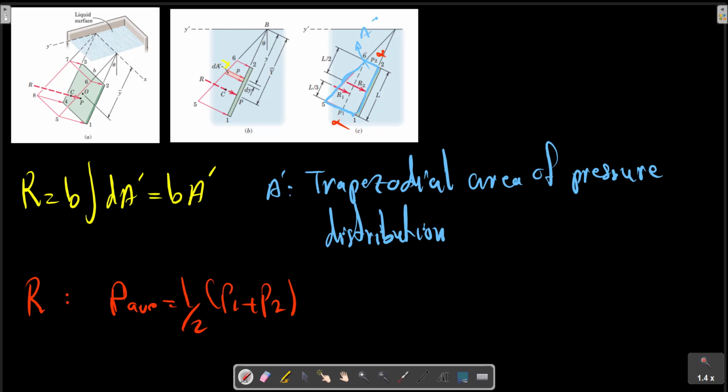The average pressure is also the pressure which exists at the average depth, measured to the centroid O of the plate. An alternate expression for R is therefore p average multiplied by A, which equals rho g h bar multiplied by A.